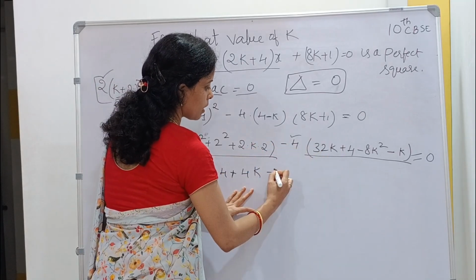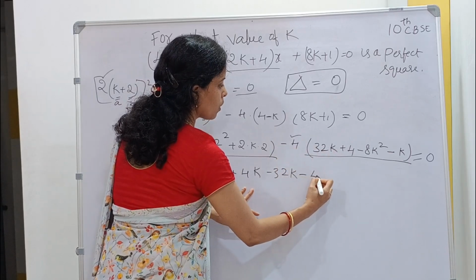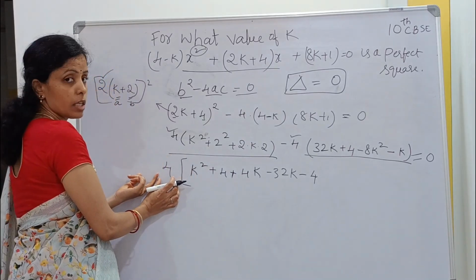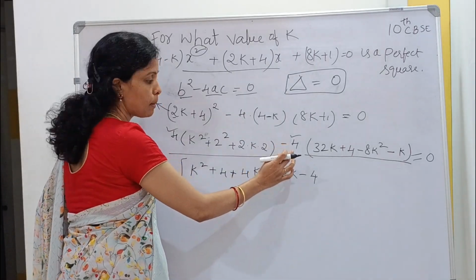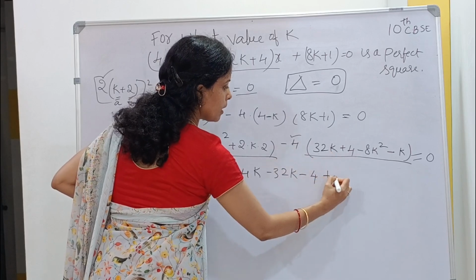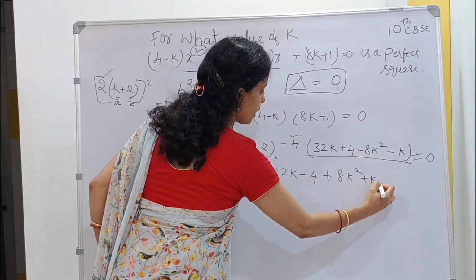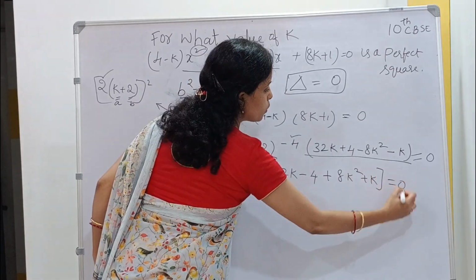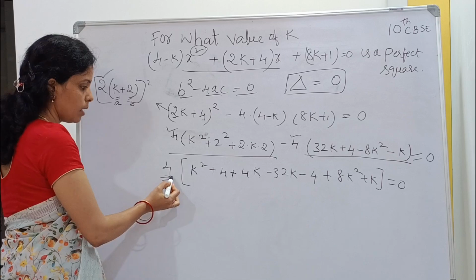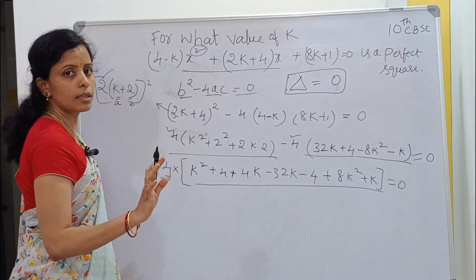So minus 32k, minus into plus minus 4. Please don't multiply this 4. 4 is already outside. Don't get confused. Only the minus symbol. So minus 4, minus into minus plus 8k square, minus into minus plus k is equal to 0.